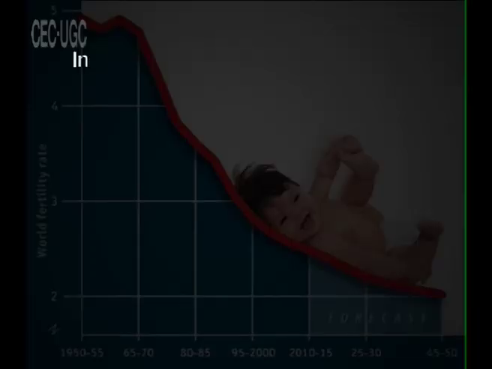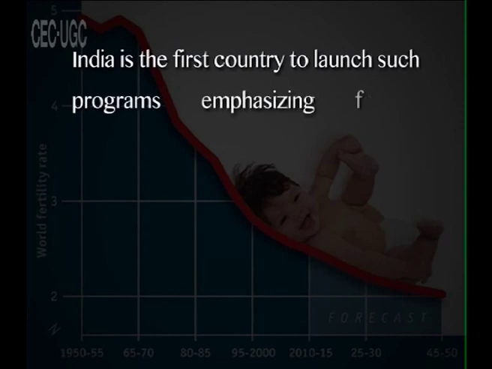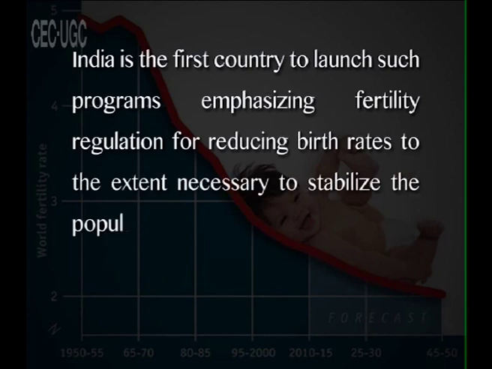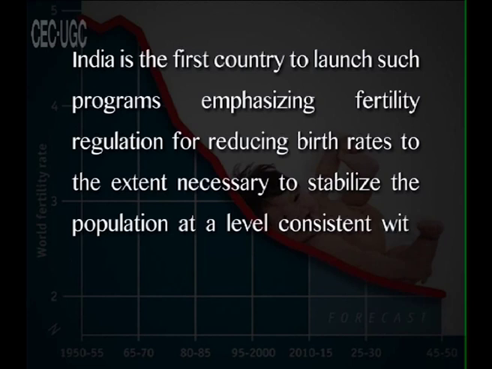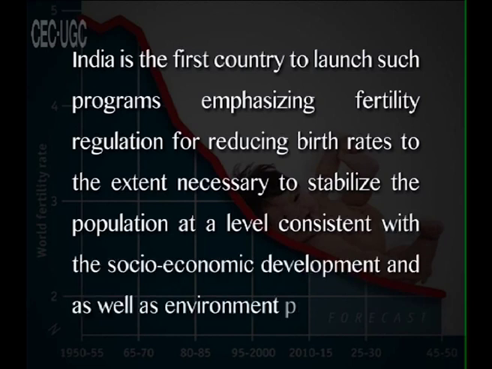And it would be worthwhile to know that India is the first country to launch such programs emphasizing fertility regulation for reducing birth rates to the extent necessary to stabilize the population at a level consistent with socio-economic development as well as environmental protection.